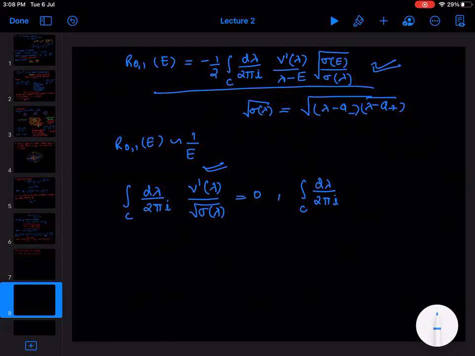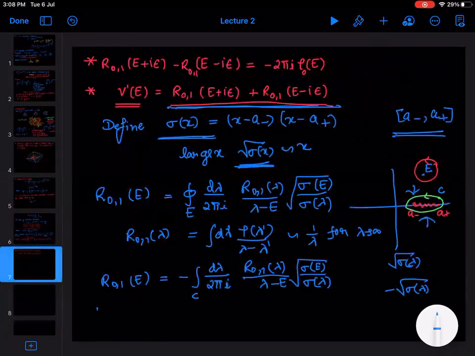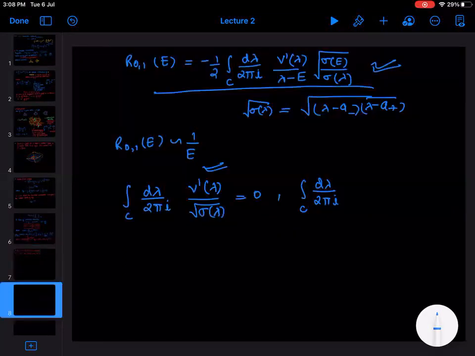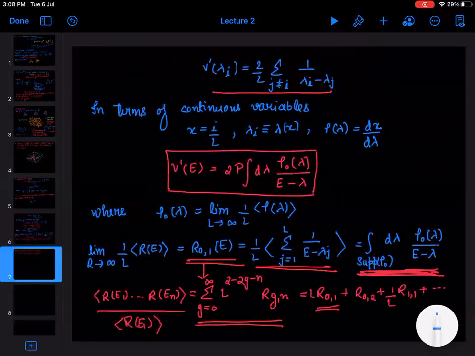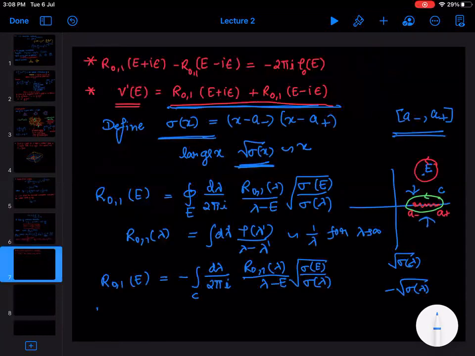I don't remember the name, but there is a theorem that exists in mathematics. I'll share it in Slack. Using that theorem, you can also derive this same expression. So this sigma function, I just defined it for my convenience.